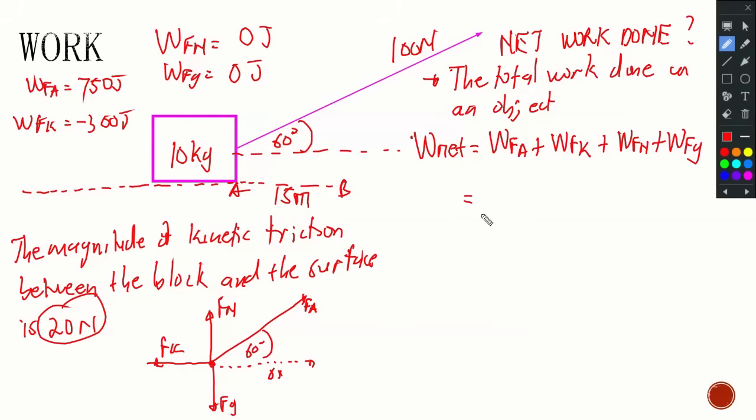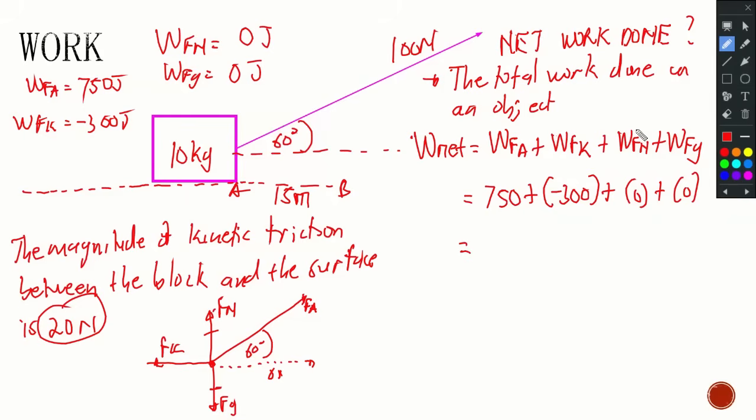So work done by force applied, 750. Work done by Fk, you substitute it as a negative like that, -300. Work done by the normal force, 0. And then work done by Fg, 0, right? Because we can see that these ones here are perpendicular, you can also not include them. There is an option whereby you can just not include them, because you already know that if your object is moving horizontally and you have vertical forces, these vertical forces will not do any work, right?